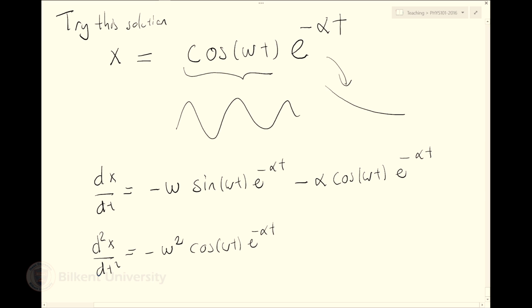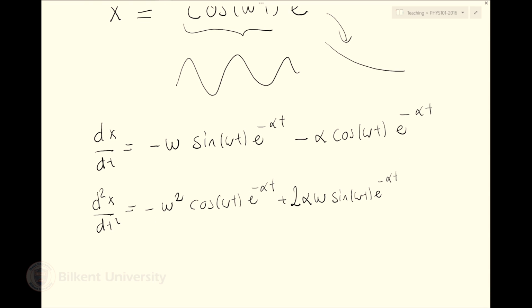Or I may get the derivative hitting on the second term, alpha times omega sine omega t. Here, if I hit on the first term, it's basically twice the previous term, and the final term I'll have plus alpha squared cosine omega t e to minus alpha t.